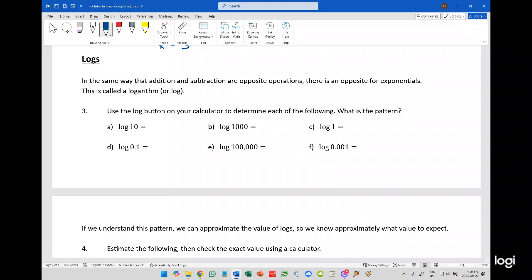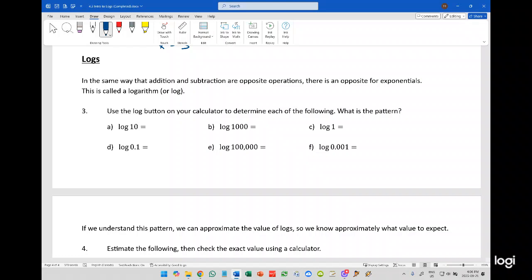Okay, so once you've isolated the log button, what I'd like you to do is punch in log of 10. Now, depending on your calculator, you may have to hit the log button first and then enter 10 and hit equals. Or if you've got a different type of calculator, you may type in the 10 first and then hit the log button.